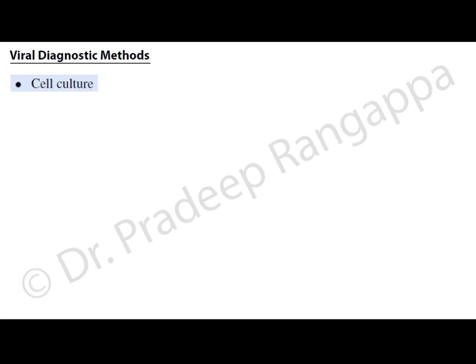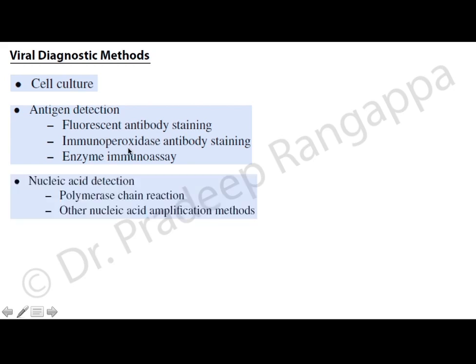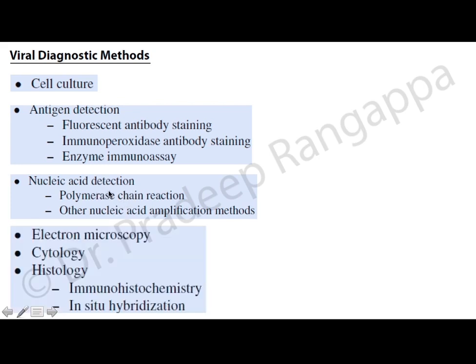What are the available diagnostic methods for viral infections? Cell culture is one of them, and antigen detection is a more important one to identify viral infections, which includes fluorescent antibody staining, immunoperoxidase antibody staining, and enzyme immunoassay. Then the other way to identify the virus is by nucleic acid detection, by polymerase chain reaction or other nucleic acid amplification methods.